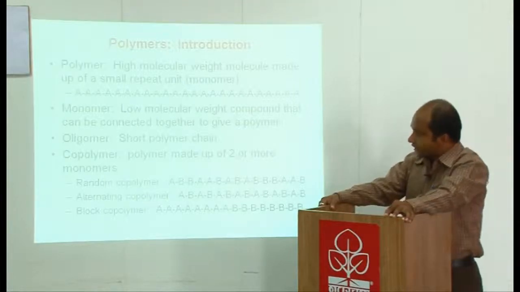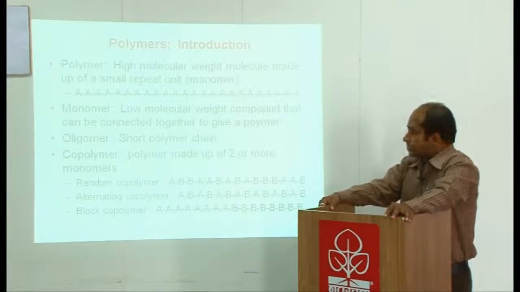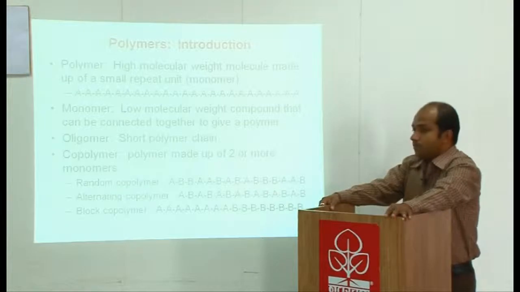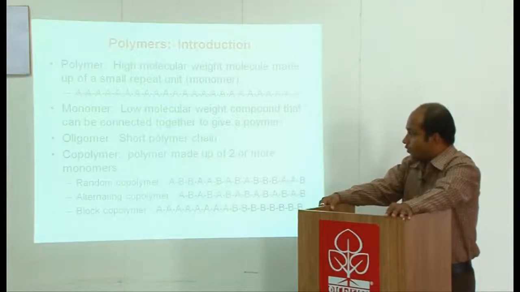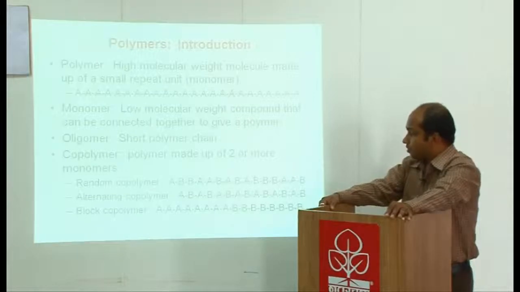Whereas in case of an alternating copolymer, you have a more organized or ordered arrangement. You have monomer unit A followed by monomer unit B followed by monomer unit A, and so on and so forth. So you have alternating monomer units one after the other.